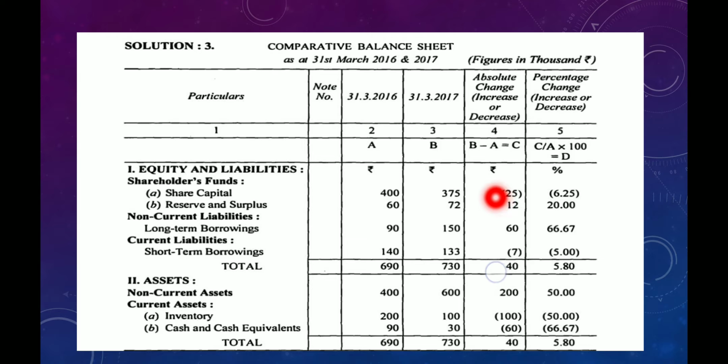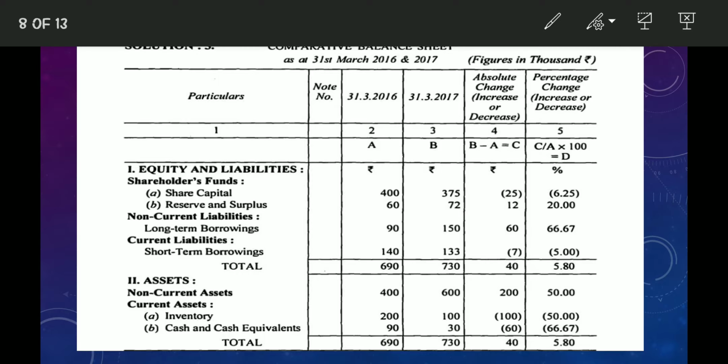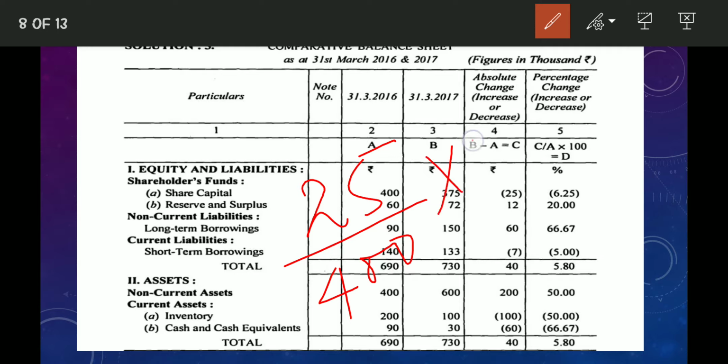The negative balance is shown in brackets, and after that you can find the percentage. How? 25 is divided by the previous year data, that is 400, into 100, right?